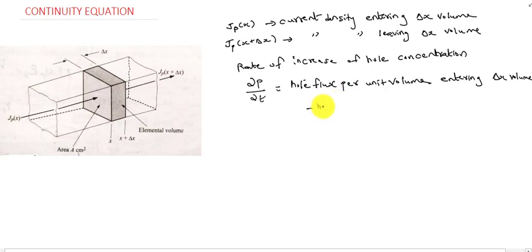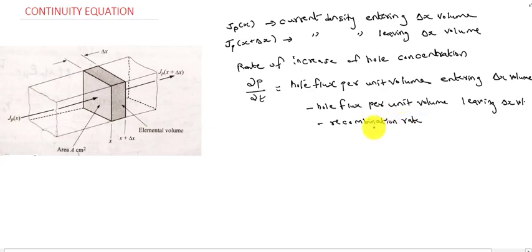minus the hole flux per unit volume leaving the delta x volume, minus the recombination rate. We have to consider this recombination rate also in measuring the net rate of increase in hole concentration.